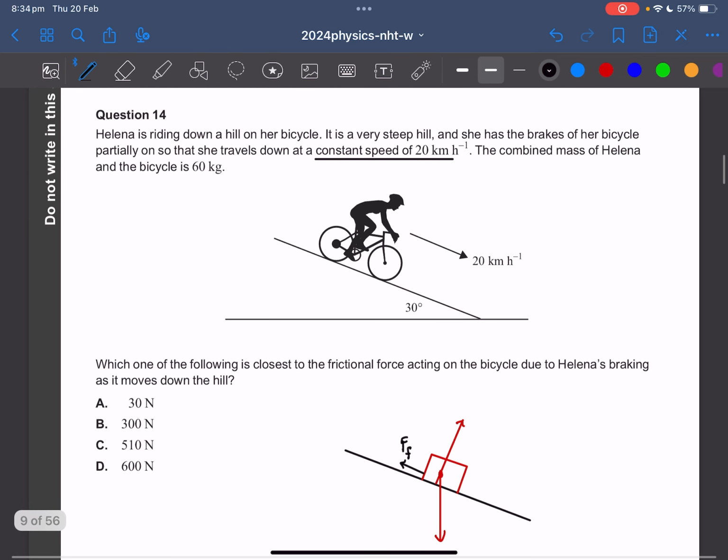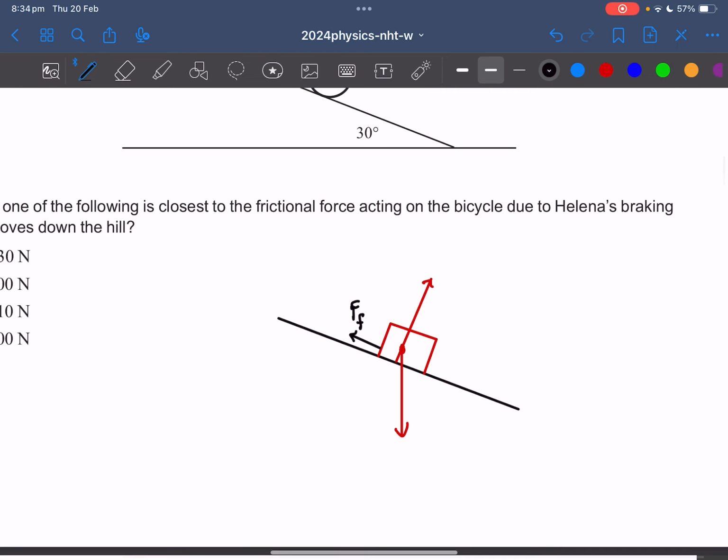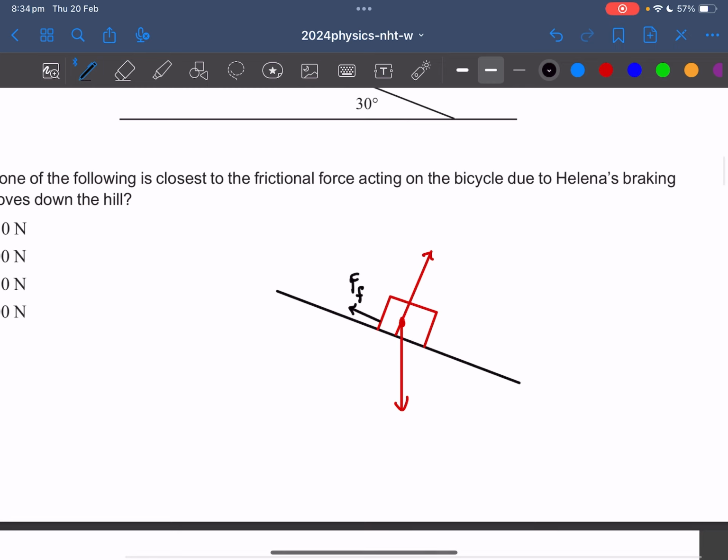She travels on at a constant speed of 20 kilometers an hour. So basically, the sum of forces has to be 0, essentially. Because if the speed is constant, then acceleration is 0.